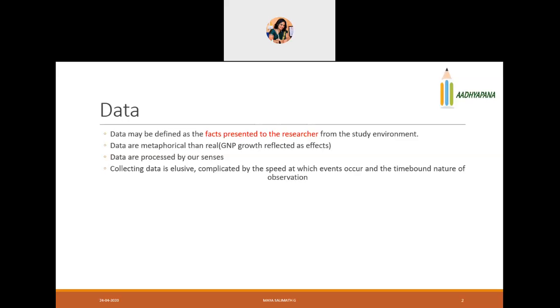That is how we always process through our senses. And collecting data is very complicated. It is time bound in nature, and once the data is collected, you need to process the data with a lot of care.